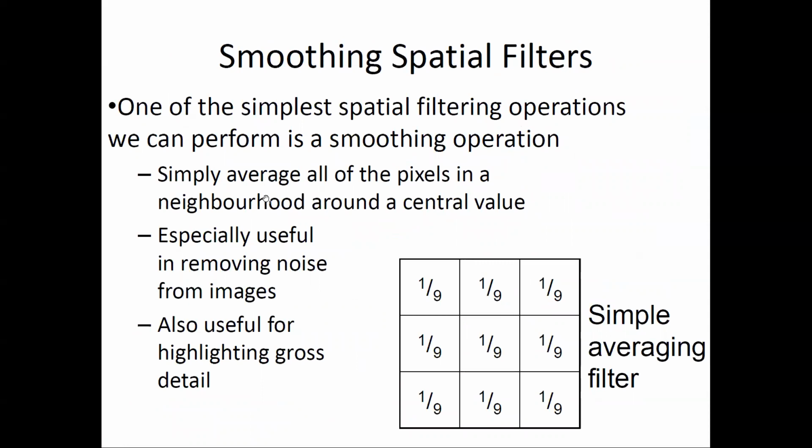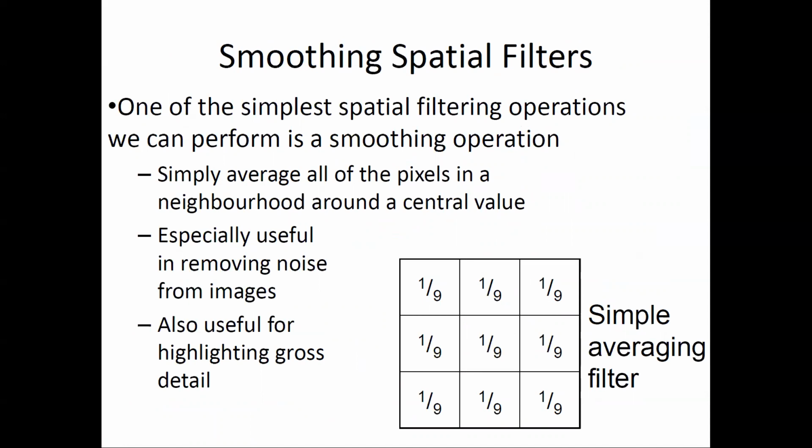Now the simplest one is averaging. If you have 9 pixels and you average the 9 values, you can multiply each of them by 1/9, or you can consider 1 for each and multiply the total by 1/9. So it is simple averaging. If it is 5 cross 5, there will be 25 pixels, so it will be 1/25.